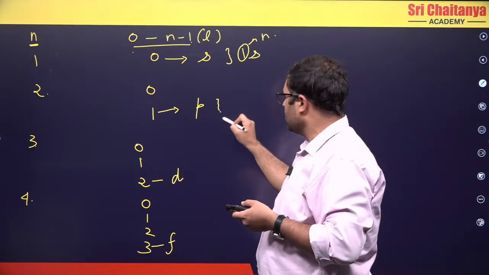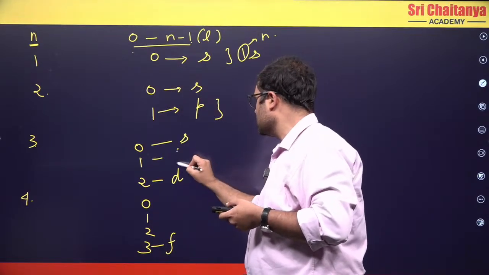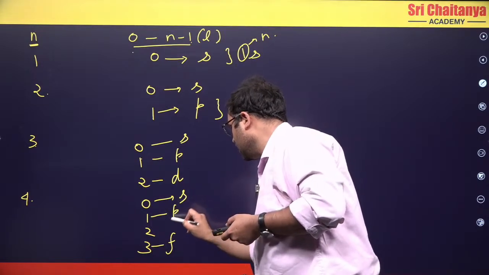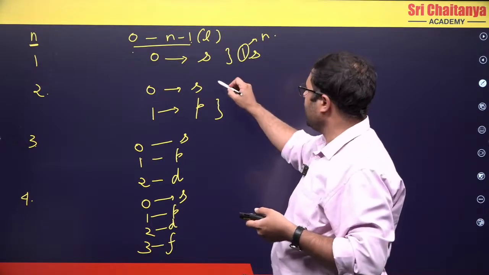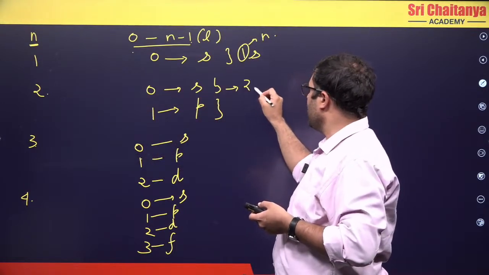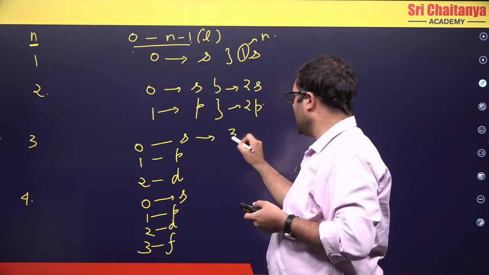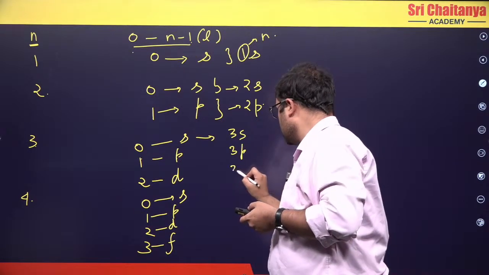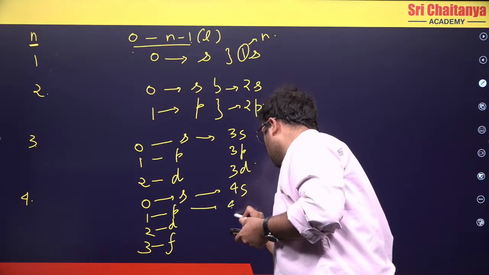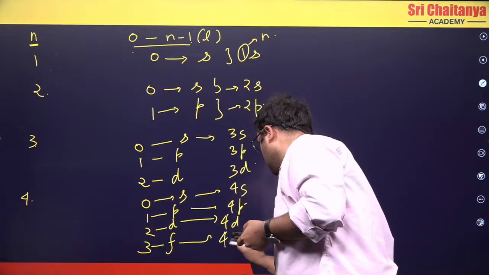Similarly, for n equals 2 this will be 2s, 2p. Similarly, you have 3s, 3p, 3d, and here you have 4s, 4p, 4d, and 4f.